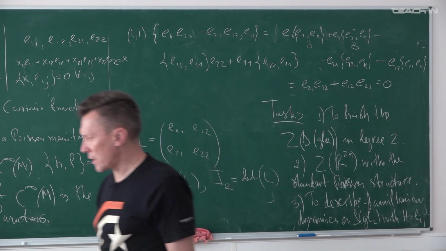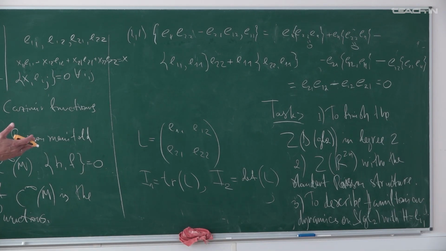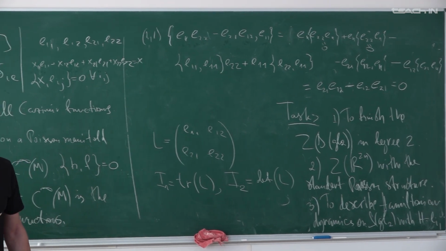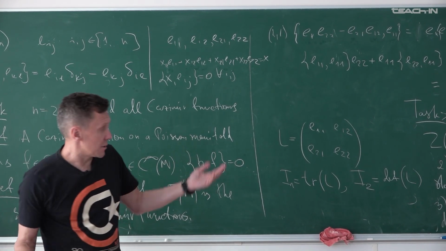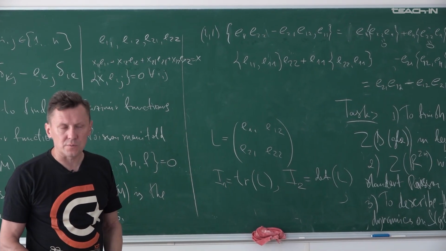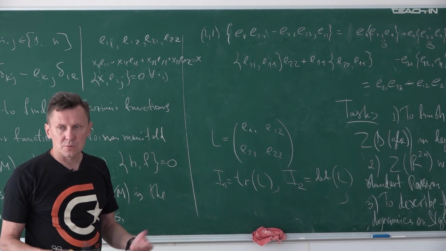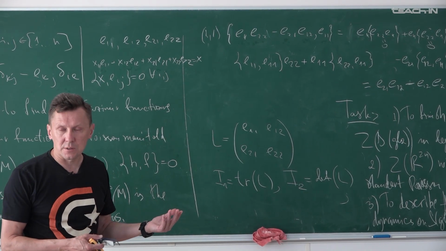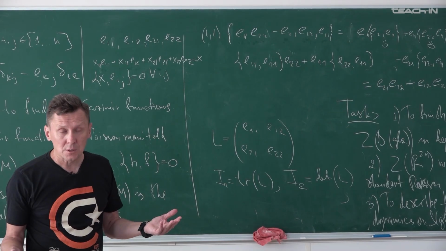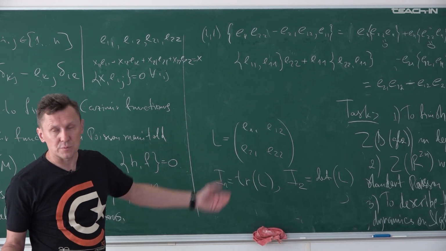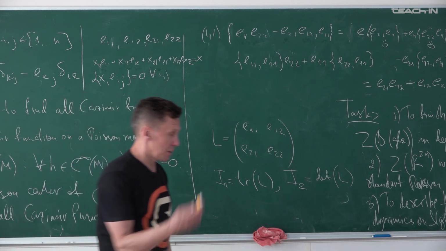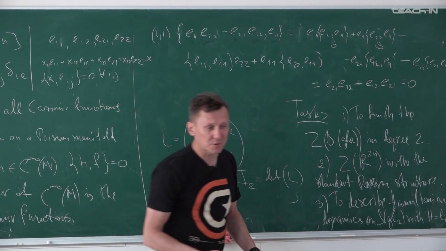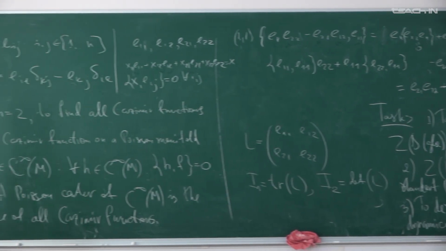Remember, the Hamiltonian dynamics is defined by a Hamiltonian, by a function. So let us consider linear functions, just the generators of our Lie algebra, to write down the Hamiltonian equation, and let's try to solve it. Okay? Have a nice continuation, and see you next week.